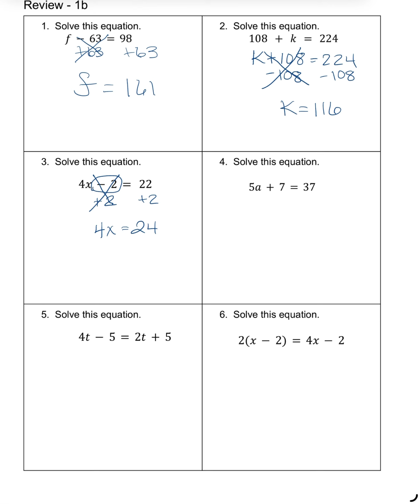And our opposite of multiplication, remember, is division. So 4x divided by 4 is how we cancel out those 4's and we just get our x. But we can't just do it on one side, right? Because we cancel out and we balance. And 24 divided by 4 is going to give us 6.